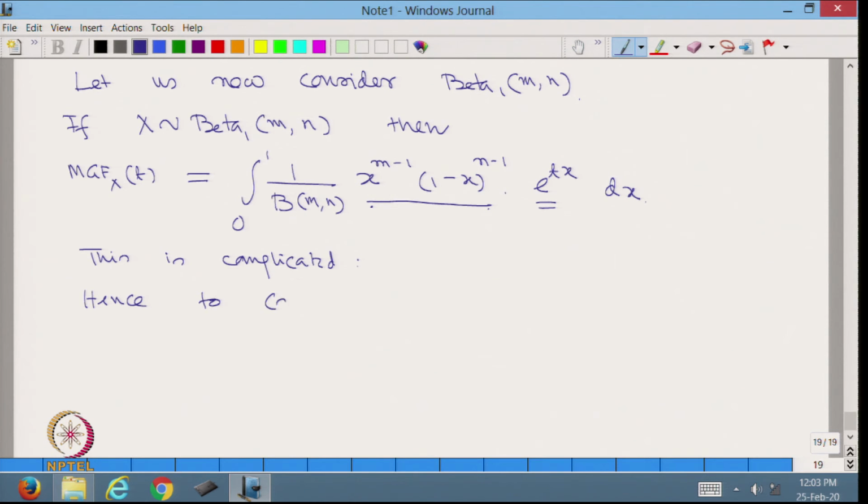Hence, to calculate it, we express e to the power tx in a polynomial form.